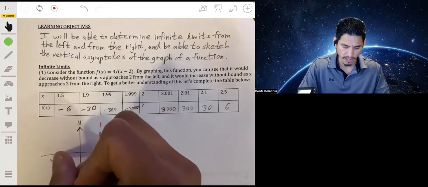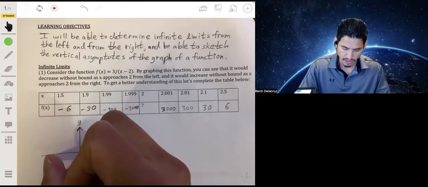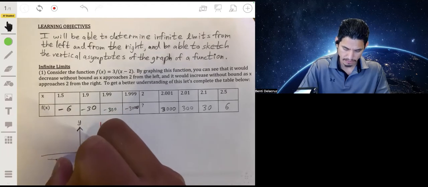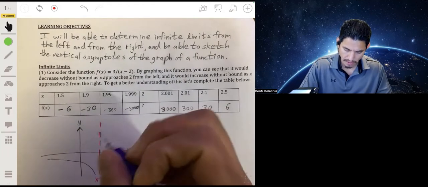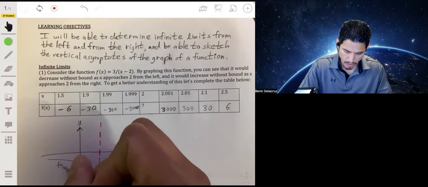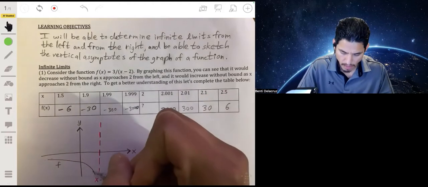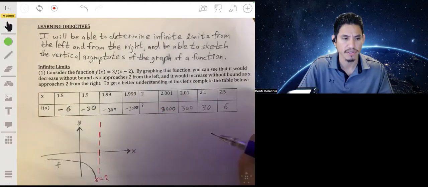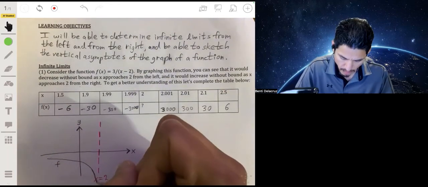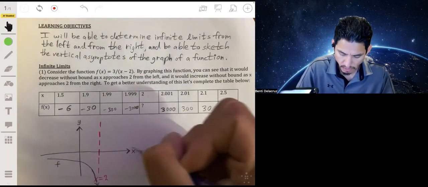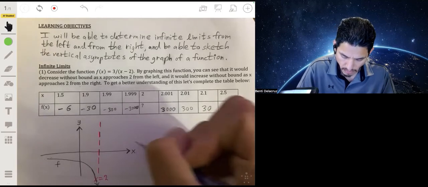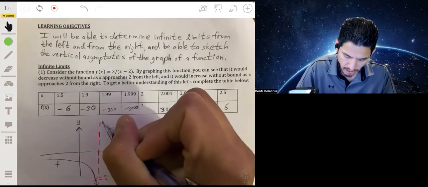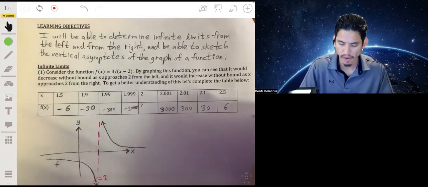It approaches it but goes in a negative direction, so to speak. It goes something like this. So f of x trends downward like that. But on this side, when we're approaching it, the function is getting infinitely large.